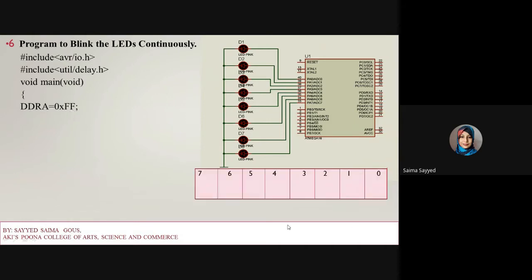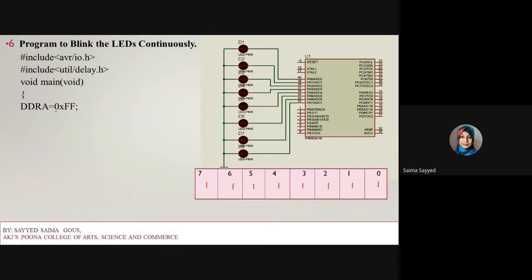As I have said, to make any port an output port, make it high. So DDRA equals 0xff means all pins of port A are used as output. All pins 0 to 7 will become 1.